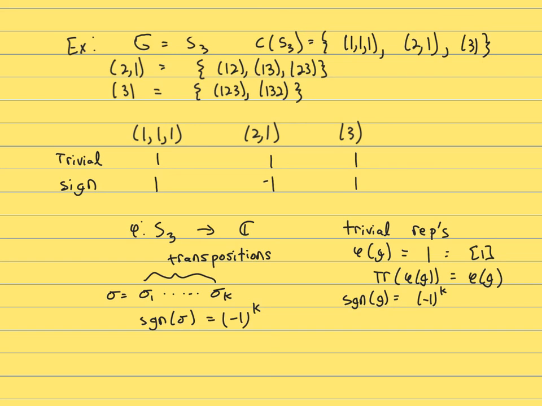If there's one more representation, a 2-dimensional or 3-dimensional, some other dimension, then there would be at least one more character, and that would give you one more row, and that'd give you a third class function that's linearly independent from these two, and therefore you would have 3 linearly independent class functions, which would give you another basis. So from this theory so far, we can already see that there are at most 3 irreducible representations of S3.